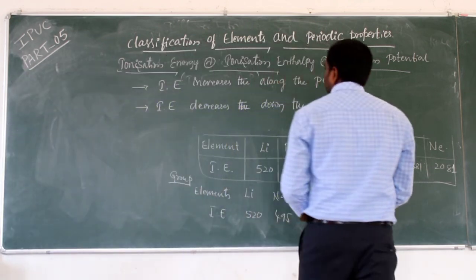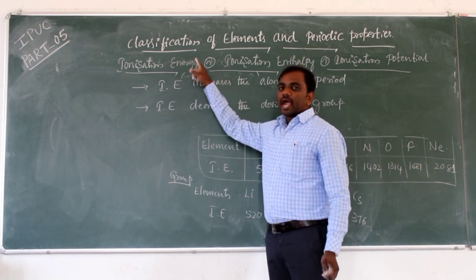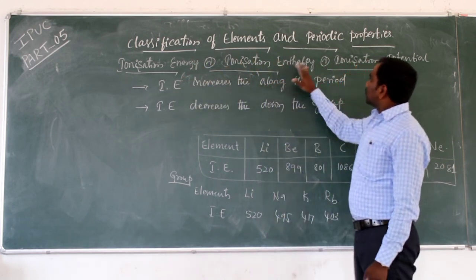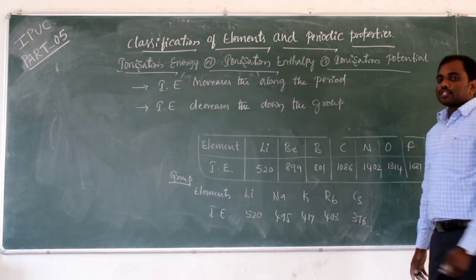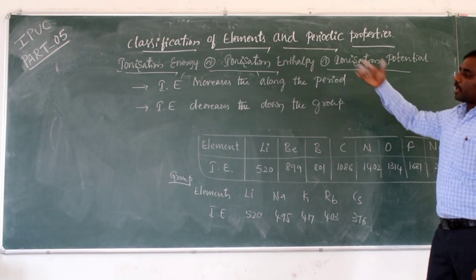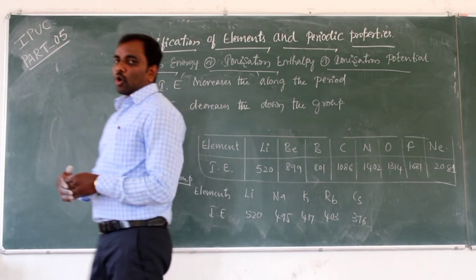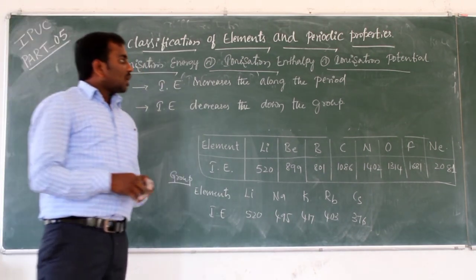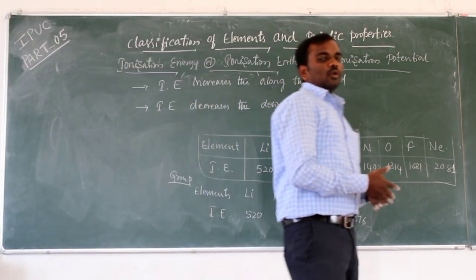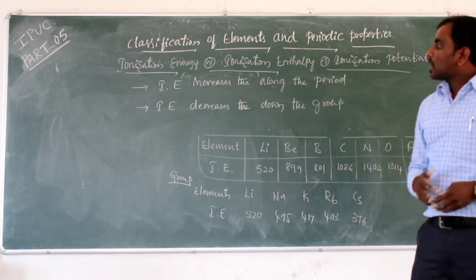Okay, dear students, this is about the ionization energy or ionization enthalpy or ionization potential. Already we know that ionization energy is the energy required to remove the electron in the valence shell of a gaseous atom.